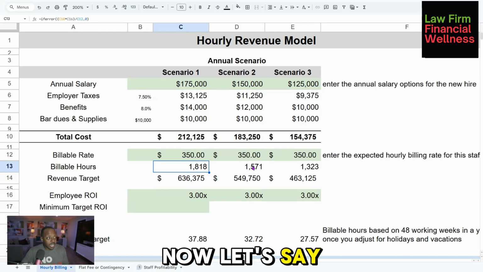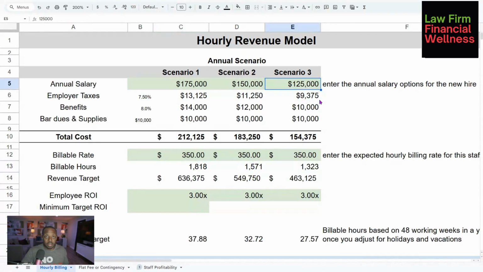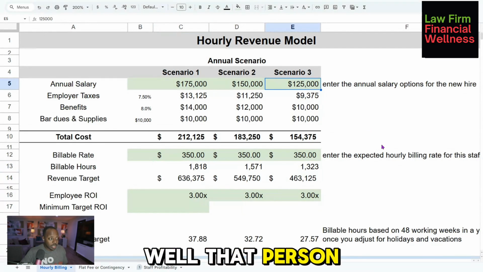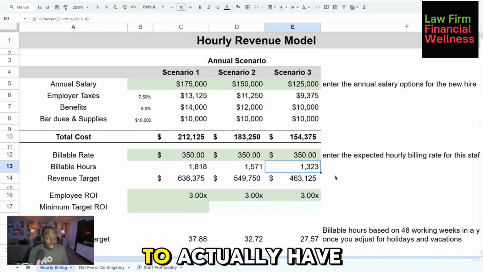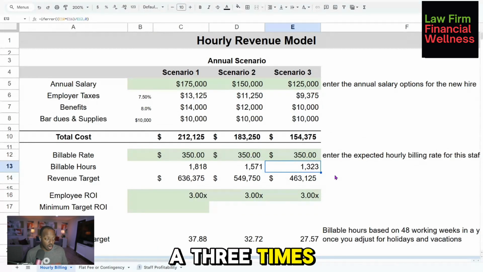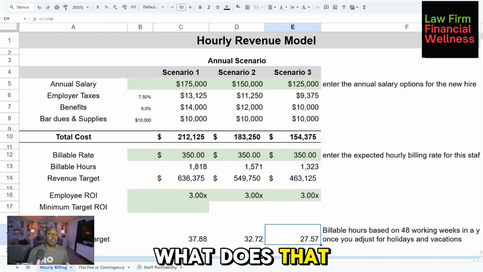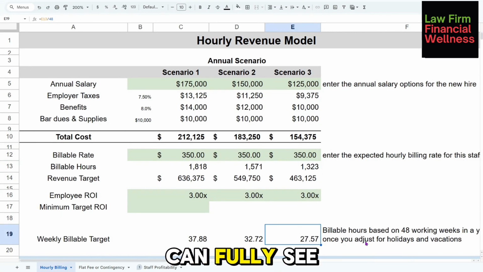Now, let's say you hired an attorney at $125,000 for their annual salary. That person only needs to bill about 1,323 hours a year to have a 3 times ROI. And if you wanted to see what that means for their weekly billable rates, let me move this out so you can fully see that.